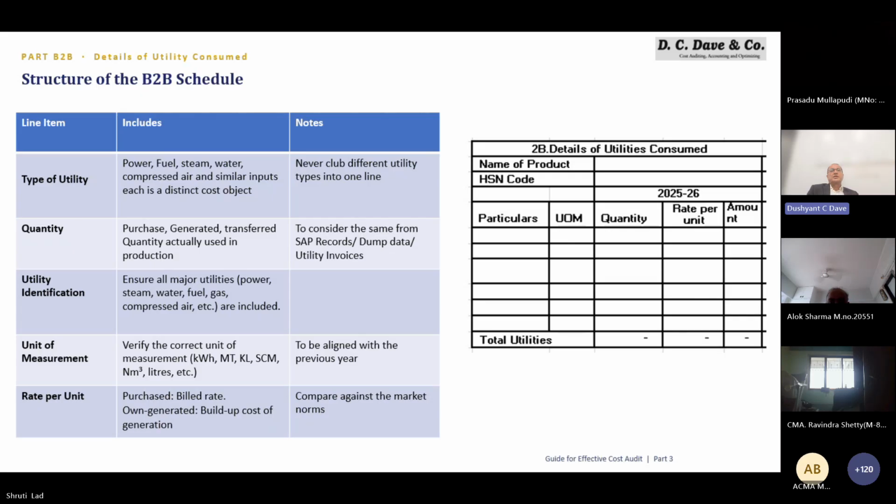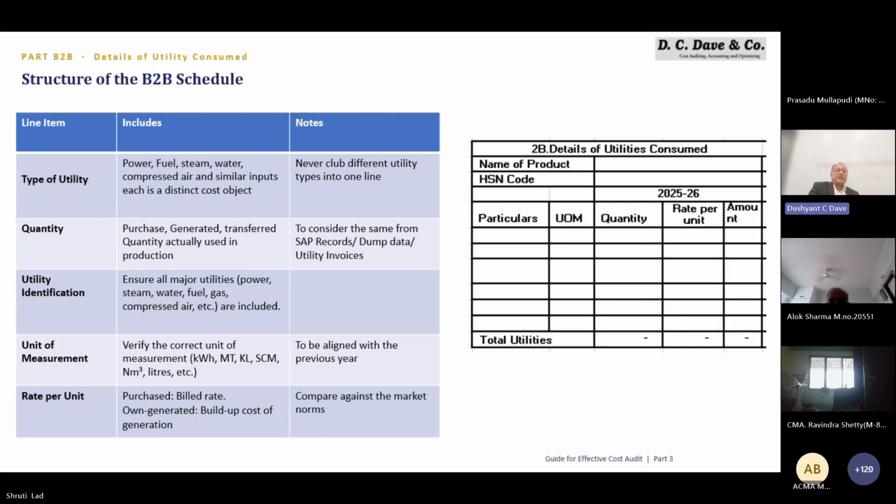Unit of measurement: you know that every utility has a different measurement: kWh, MT, KL, SCM, NM3, and so on. And rate per unit: on purchased, the bill rate, and on generated, build up the cost of generation and compare against the market norms. So this is where we talk about the type of utility.